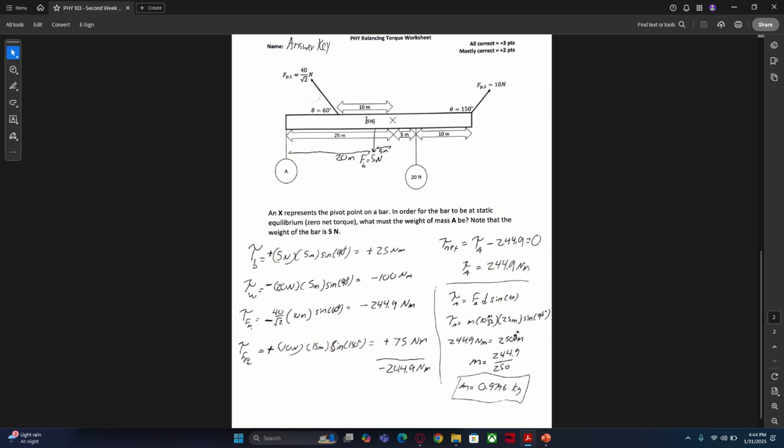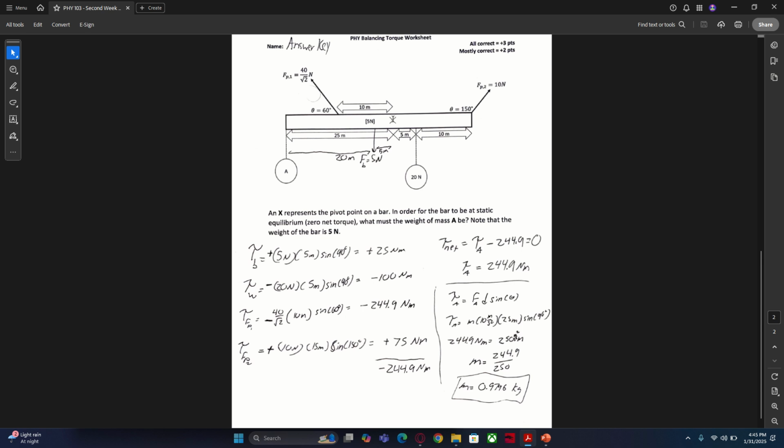Therefore, the force of gravity of our bar will be directly halfway, which is going to be 20 meters from either end if the entire length is 40 meters. So that's why I have FB, or force of the bar, 20 meters away from the end. This X here is our point of rotation. So we care about the distance between all of our forces to this point.